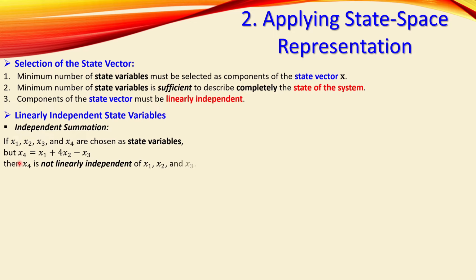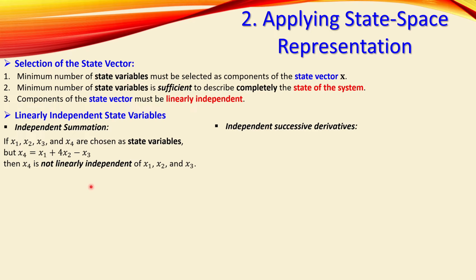It means the following: x4 is not linearly independent of x1, x2, and x3, because we can make x4 using the other three state variables. So this is not a good choice for our state variables in this case. So we need independent summation.